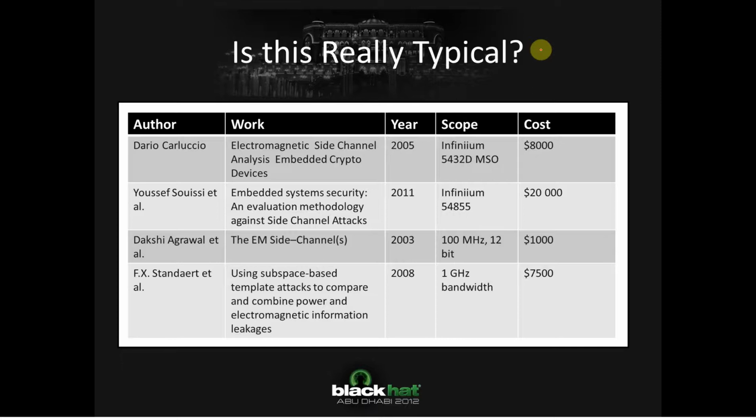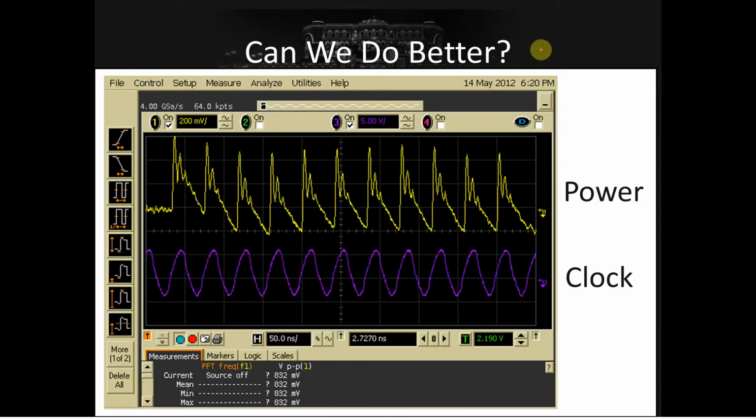If you attack a software implementation, you can get away with a bit slower, like 100 megasamples per second, which is sort of $1,000 range. But it's still not ideal. So the question is, how can we get away with cheaper hardware, like what I have here?